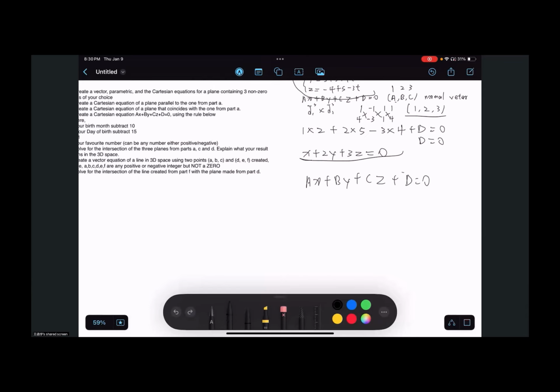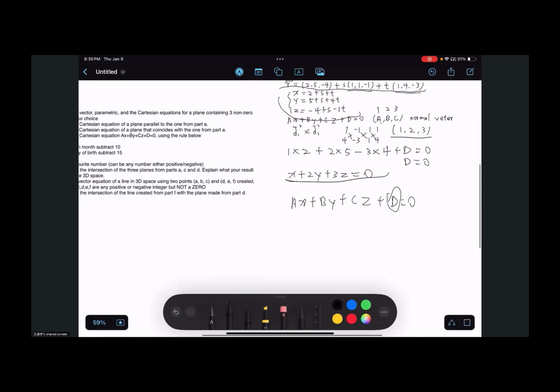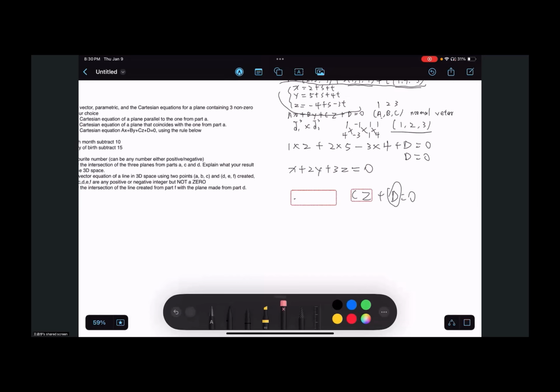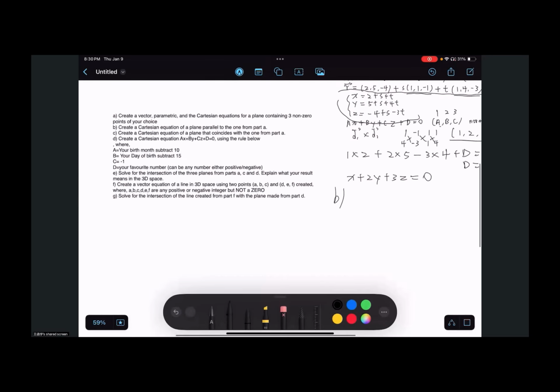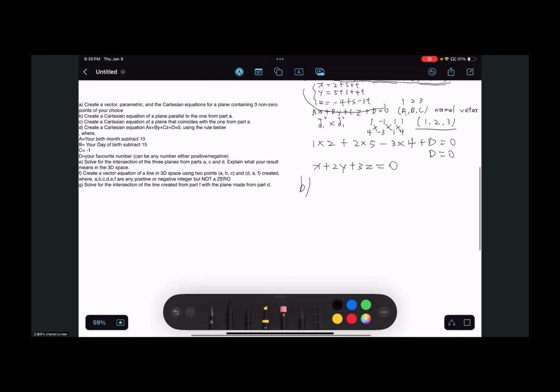The only difference is the D. So we will just use the Cartesian equation from part A, which is x plus 2y plus 3z, and we just need to add a different D for the parts.